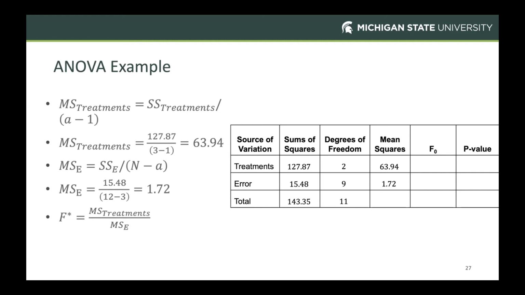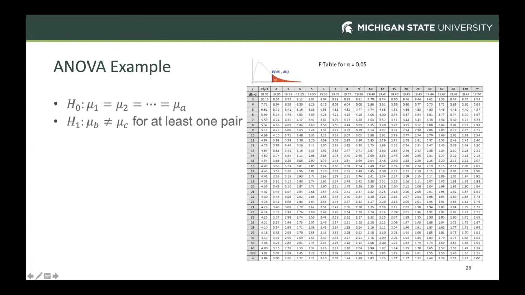And so the final calculation here would just be calculating our F statistic, and that's simply equal to the ratio of the mean square of our treatment over the mean square for our error, which is 37.18 in our context. And so the last step would be to determine whether we should accept or reject, and we could go so far as to determine the corresponding p-value, which in this case is going to be a very, very small number, less than 0.0001. Okay, and so where did that p-value come from?